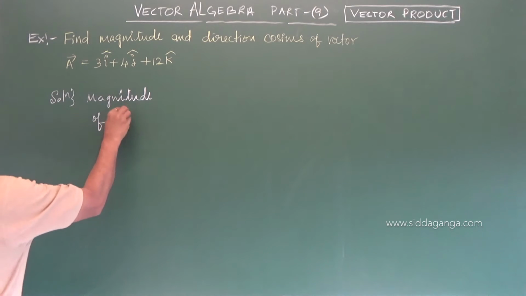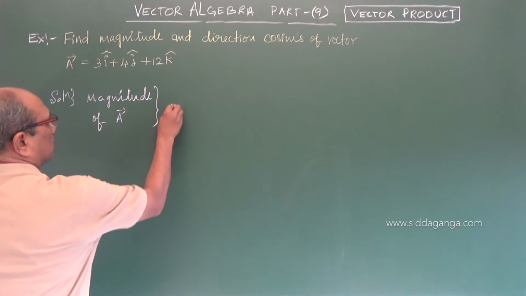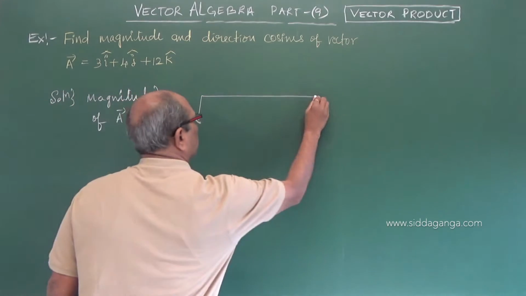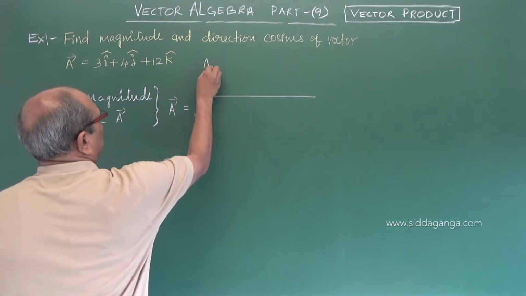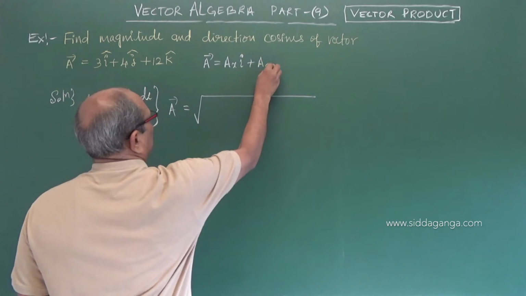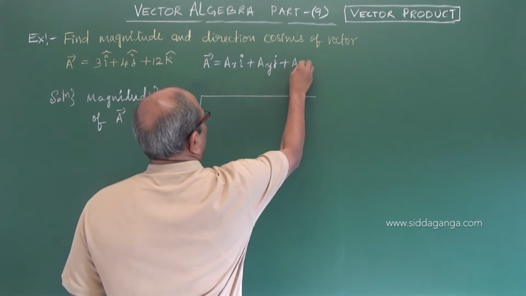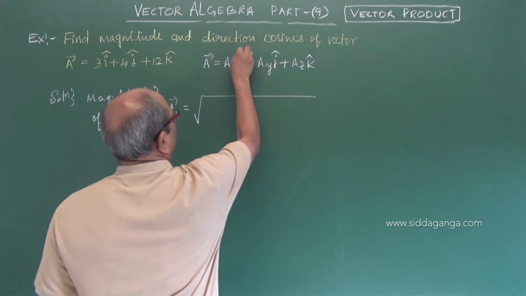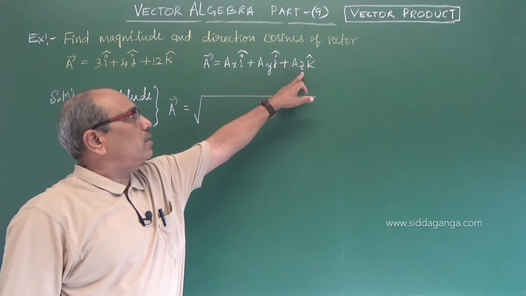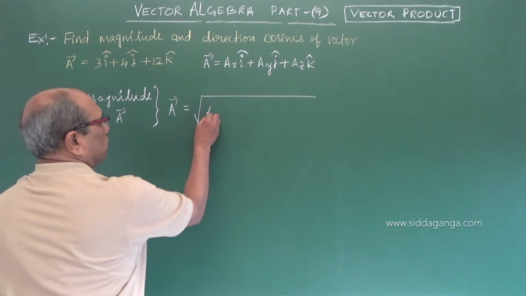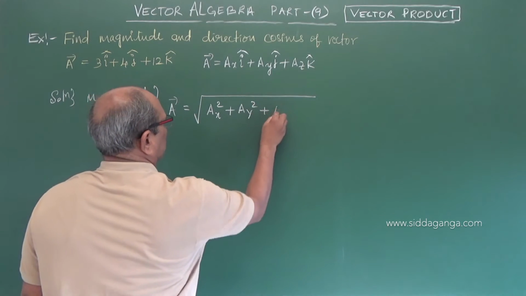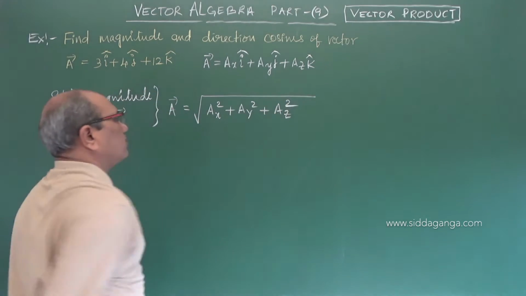of vector A, which can be written as root of, you know the formula, if it is vector A, axi plus ayj plus azk, these are the vector's components along x, along y, along z direction. If you know these, then we go with ax square, ay square, az square.